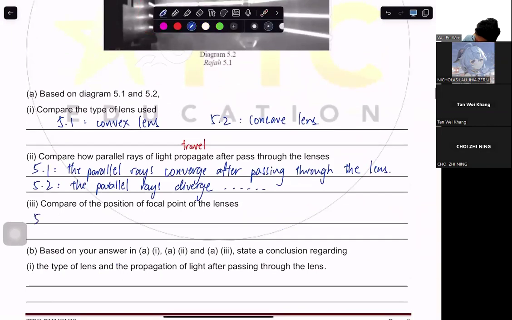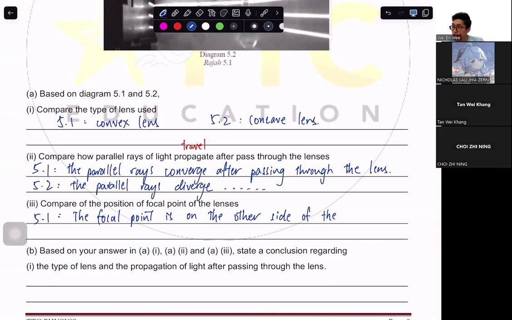So you say 5.1, the focal point is on the other side of where the light comes from.